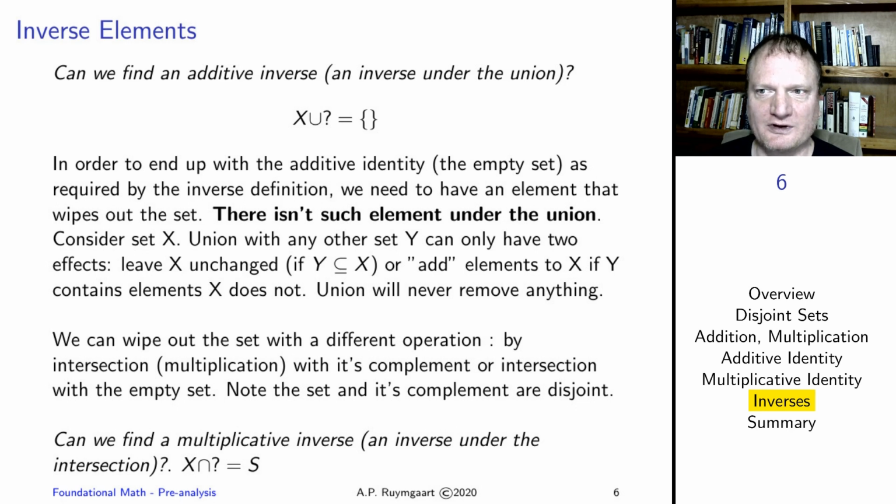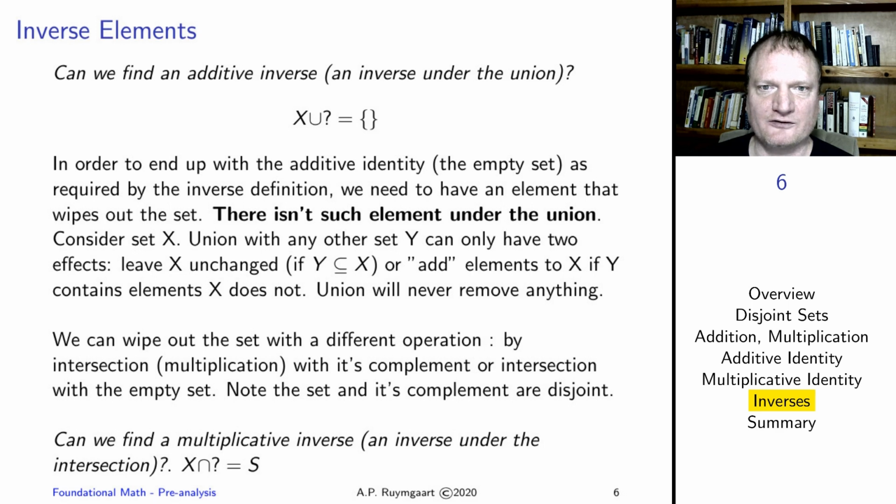In real numbers, we had the negative of a number, where if we added that to our original number x, it would wipe out that number and return the 0 element, which was our real number additive inverse element. But how do we get an empty set with a union? The union can only have two possible effects.